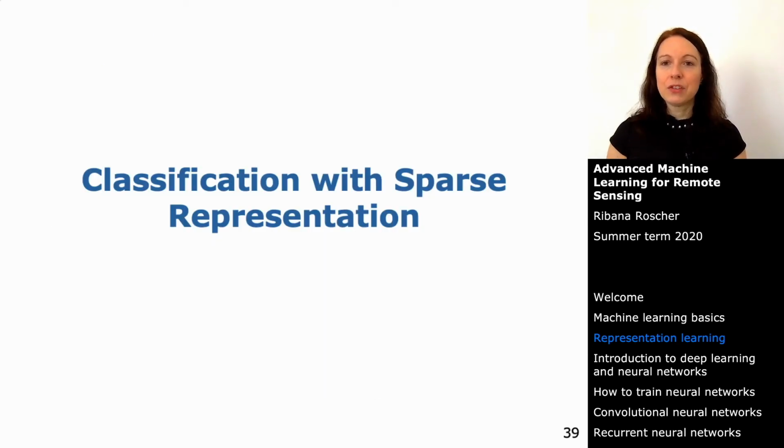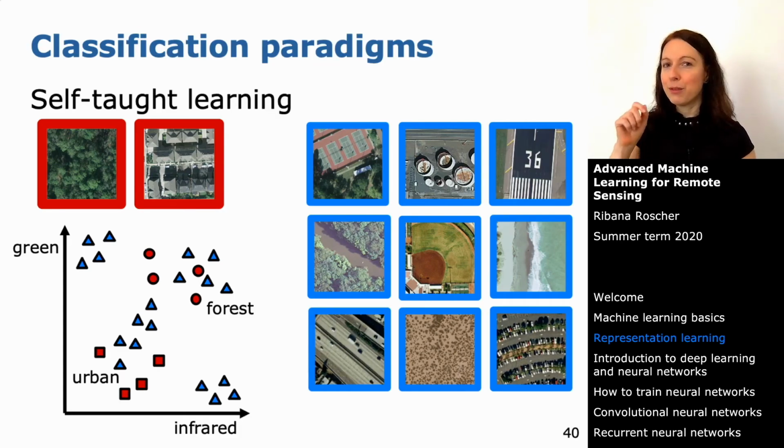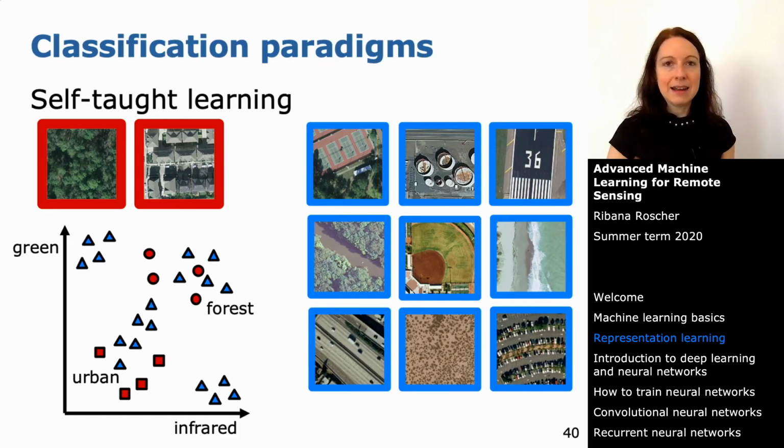Okay, so now the question is, how can you use this for classification? It's not only that you can use sparse representation for reconstruction, you can also use it for classification. When you remember, in the last lecture, I was telling you different paradigms for classification.